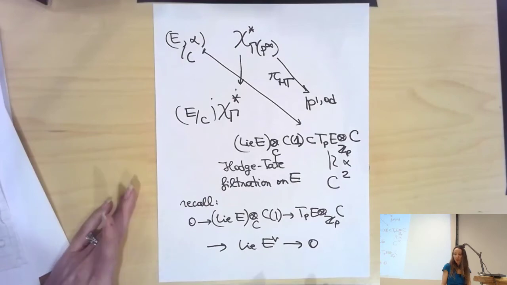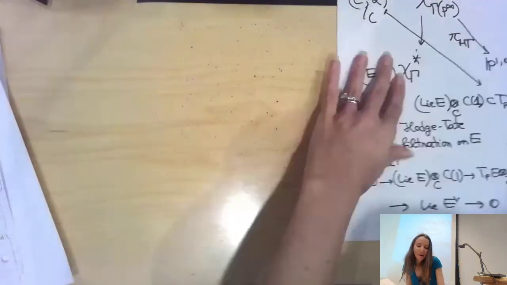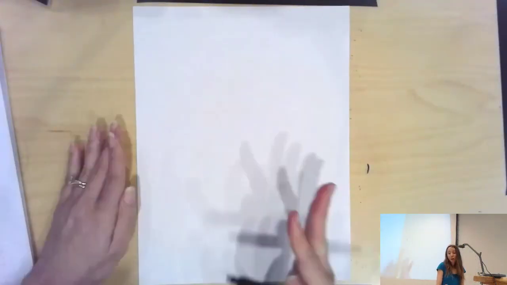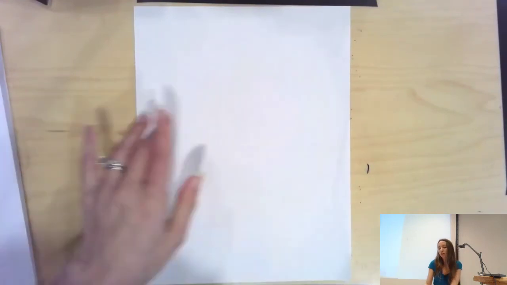And one comment that I want to make that also Bargov made, but I want to emphasize it, because we are really dealing here with a relative situation where we have a moduli of elliptic curves. So really we have a universal elliptic curve over this space. Over individual points you have a direct sum decomposition. But if you want to make this work in families, you really need to think of it as a filtration.